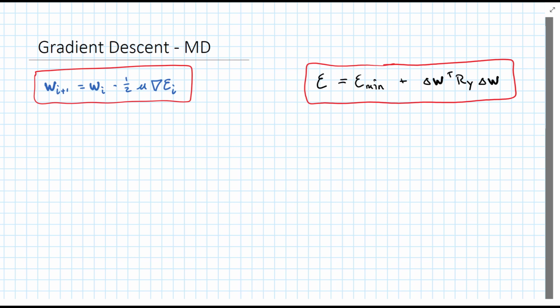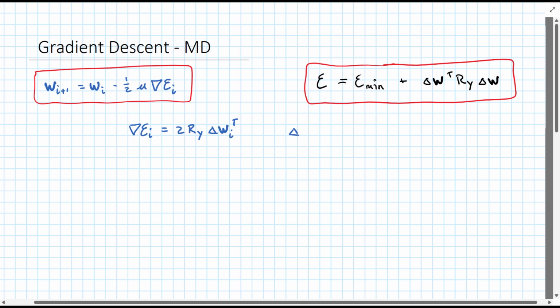We'll start with our weight update equation on the left and the expression that we developed for the expected squared error. Finding the gradient of the expected squared error yields this simple expression: 2 times the covariance matrix times our delta weight vector.